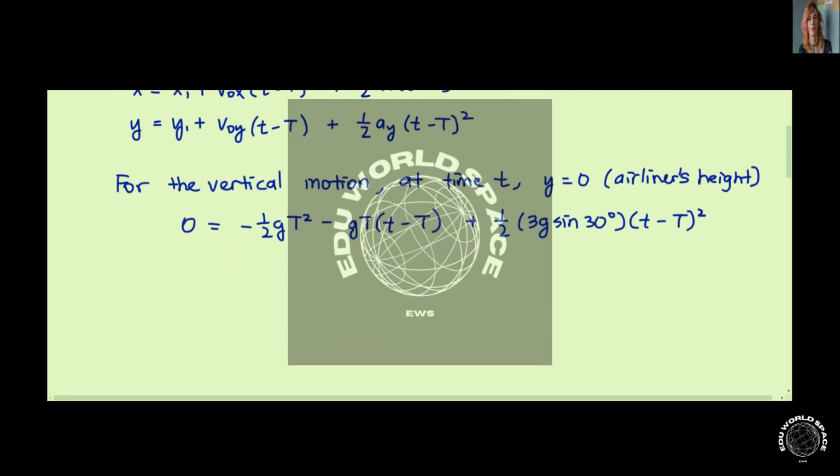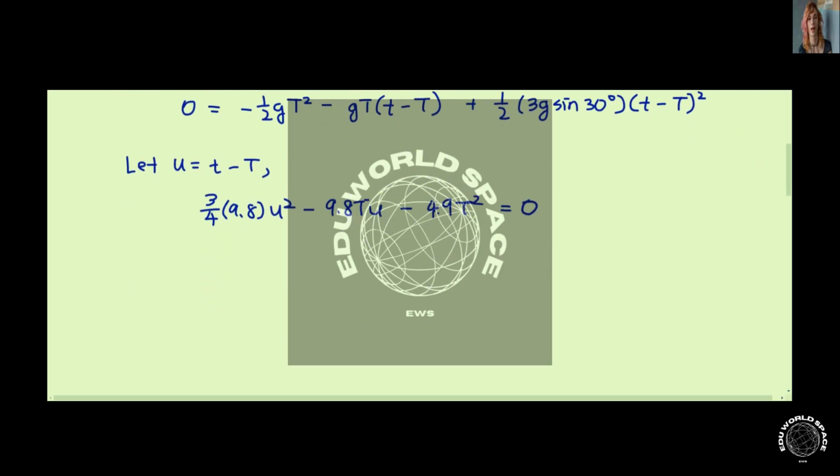From this equation, we let u equal t minus big T. So this is what we get: 3/4 times 9.8 u squared minus 9.8 t times u minus 4.9 t squared equals 0. So we have a quadratic equation in u.